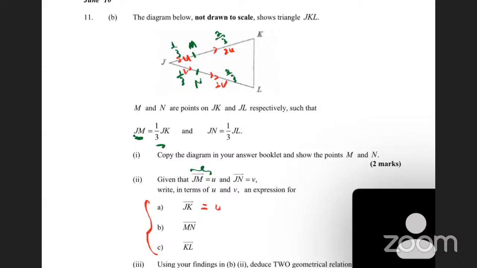JK is U plus 2U. 3U. Now part B. You have to draw a line M to N and figure out MN. And then you already have KL.